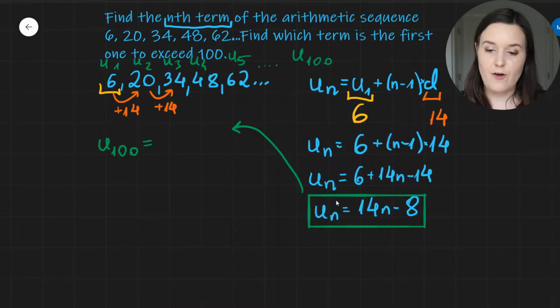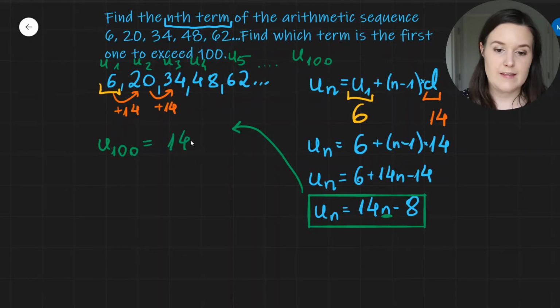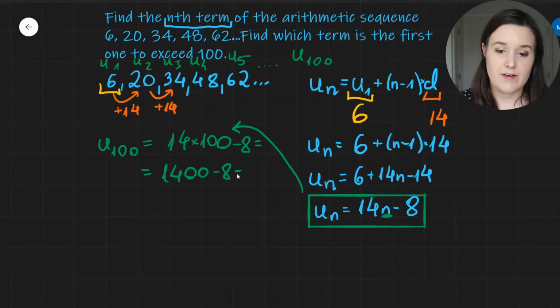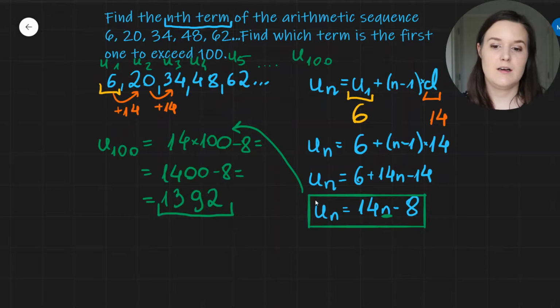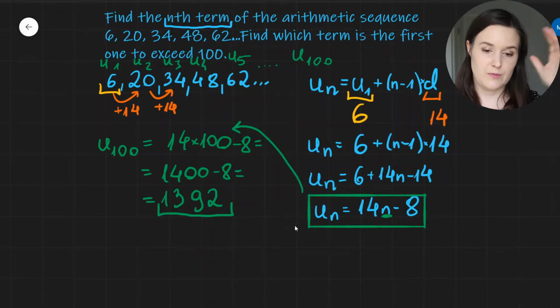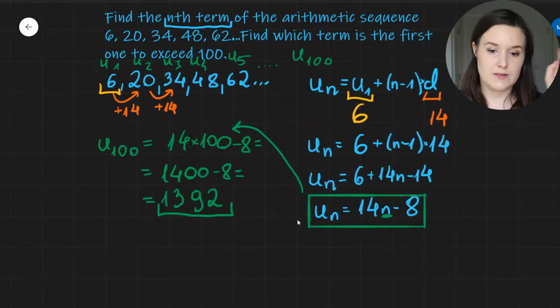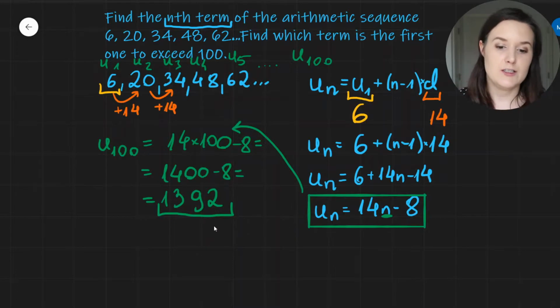But if I have the formula, I can just substitute 100 for n, and this way I have the answer very quickly. The 100th term, so the 100th number, is 1392.